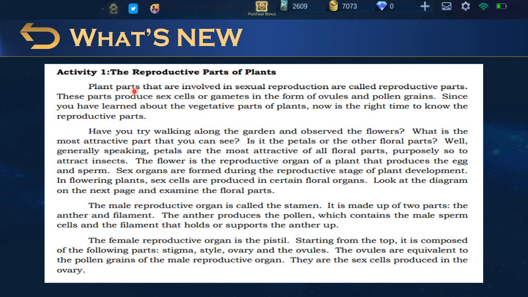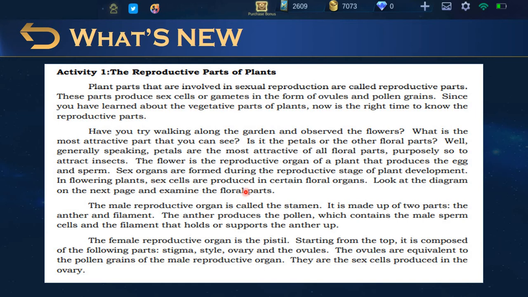Plant parts that are involved in sexual reproduction are called reproductive parts. These parts produce sex cells or gametes in the form of ovules and pollen grains. Since you have learned about the vegetative parts of plants, now it is the right time to know the reproductive parts.